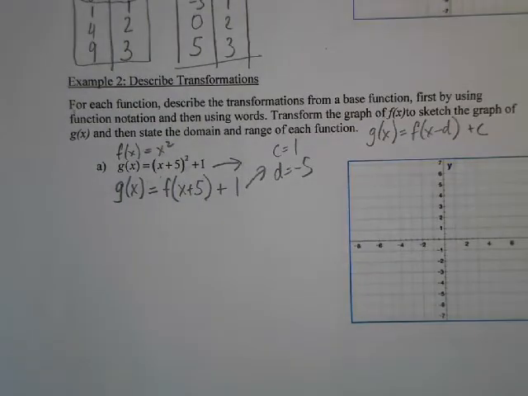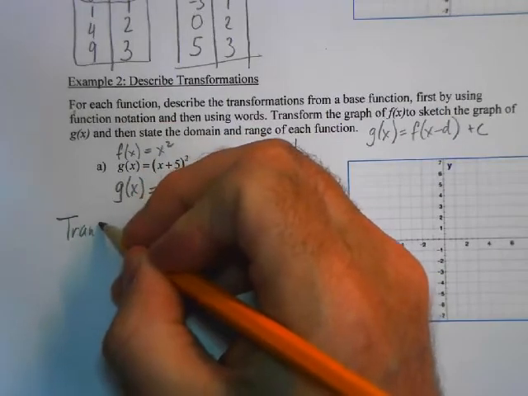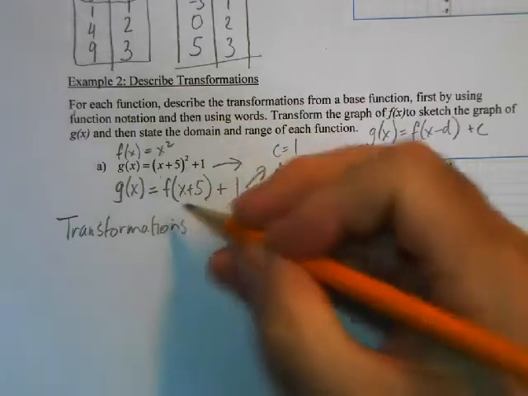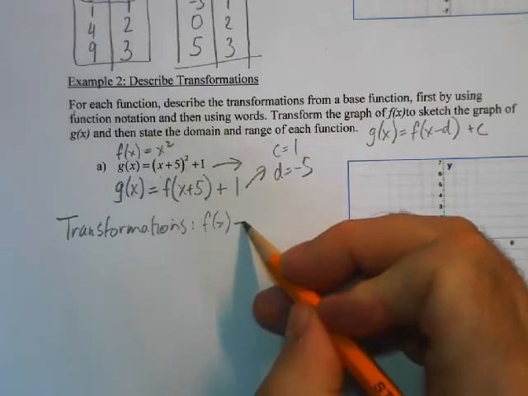I don't want you to say it's moved 3 units up or shifted 2 units to the left. Okay, I want you to use the verb translated. So for the transformations, and if you want to be a little bit more descriptive, you could say from f of x to g of x.